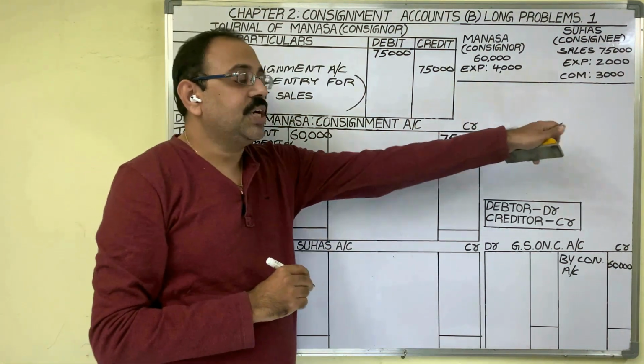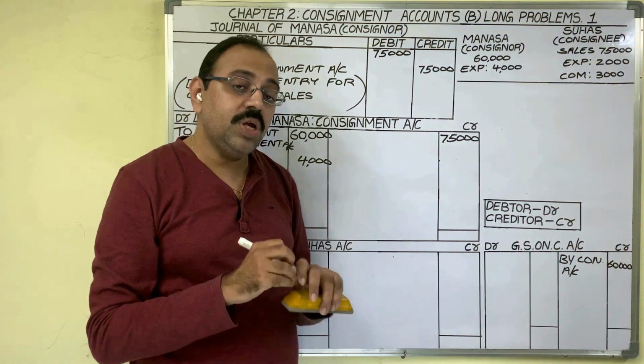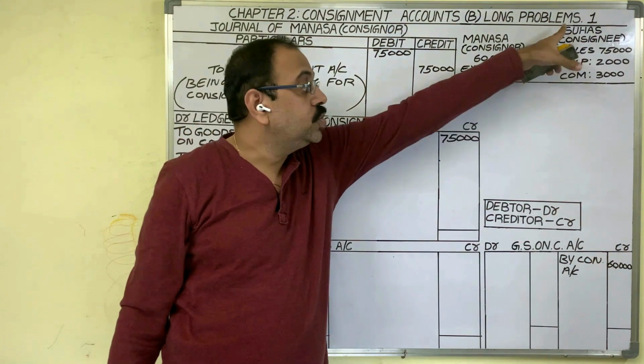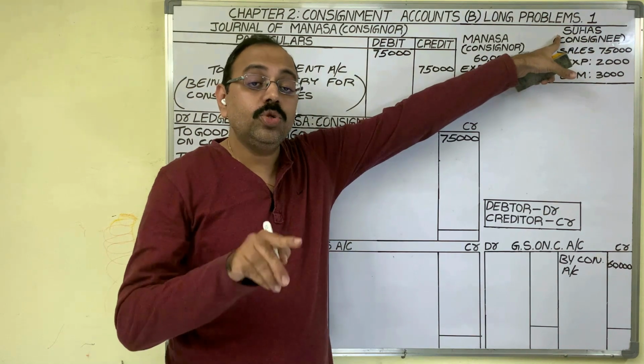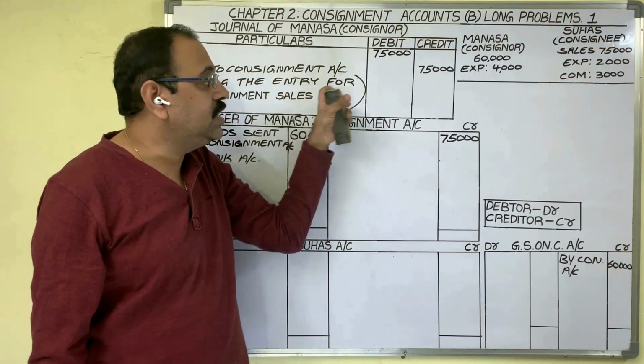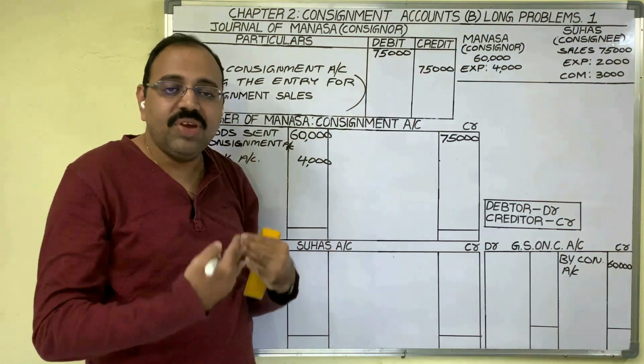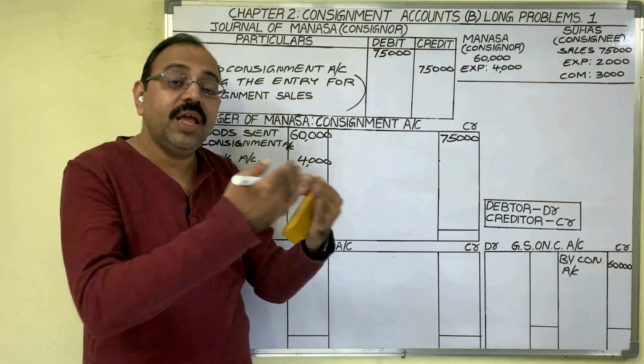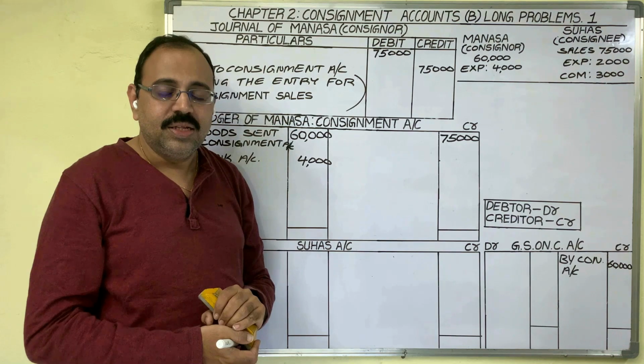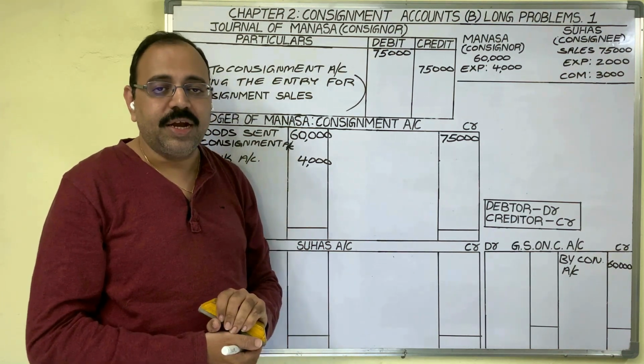Don't debit cash account. Because who is selling these goods? Suhas. But in whose books are we writing journal entries? In Manasa's books. Manasa is not receiving cash. Therefore, debiting cash is not correct. Then which account is to be debited?